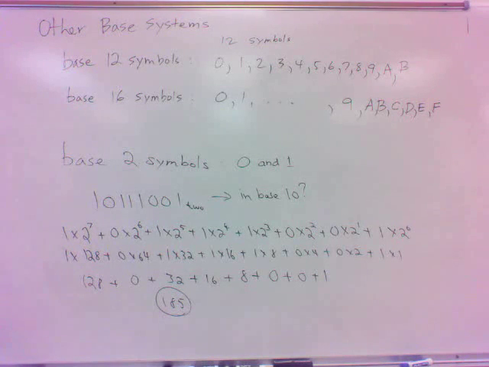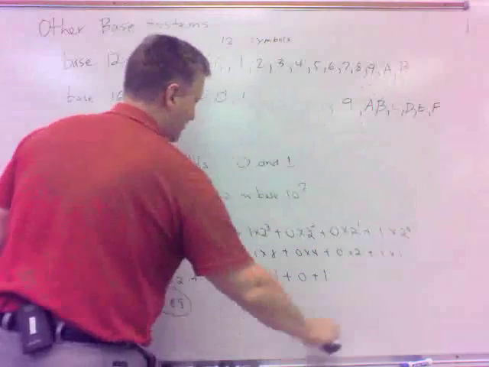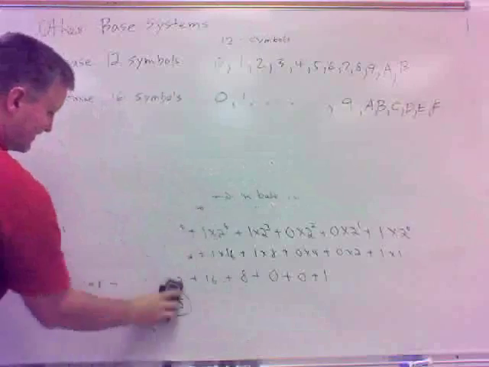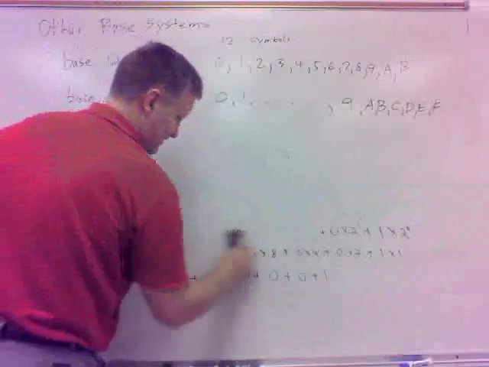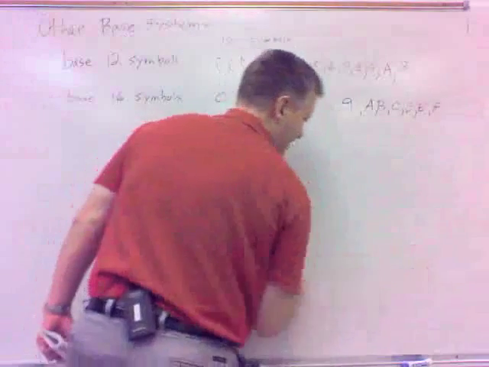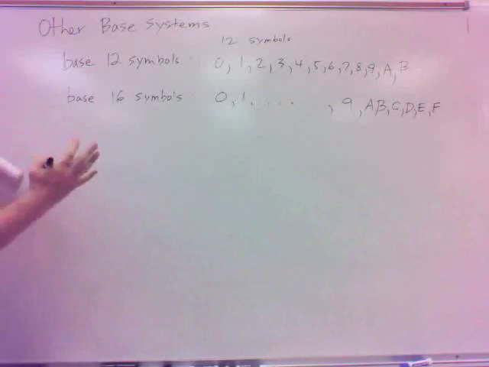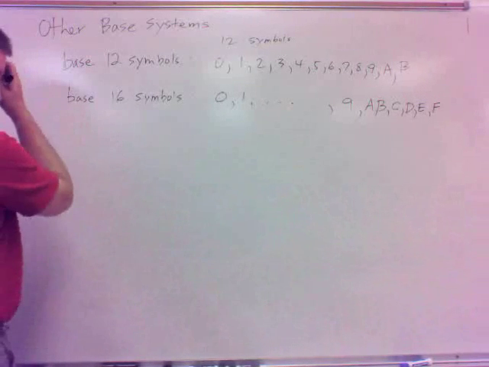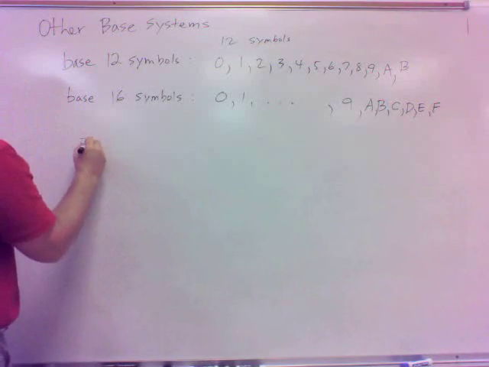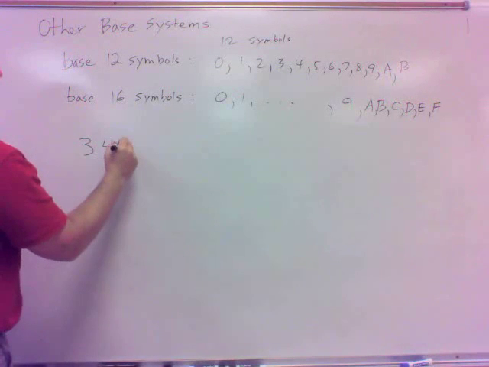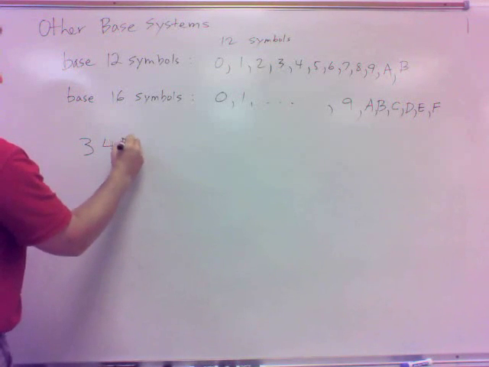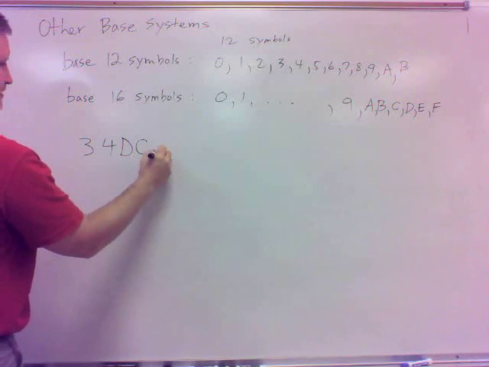Okay. Now, what does that mean when we get a base 12 or a base 16 number? Let's do a base 16 number. All right, let's say I have the base 16 number 34DC, base 16.